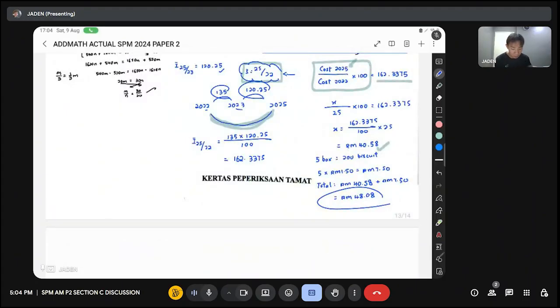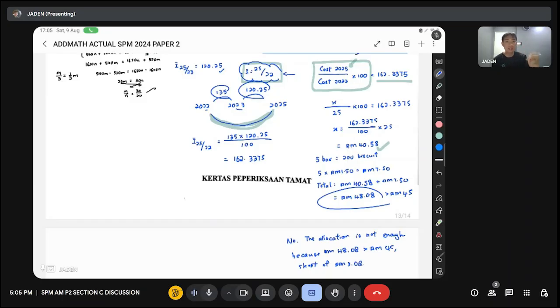So what we can answer here is no. Over here, 48.08, you write here this is greater than 45 ringgit. So you answer here no. The allocation is not enough, because RM 48.08 is greater than RM 45, and it is short of RM 3 ringgit and 8 cent.